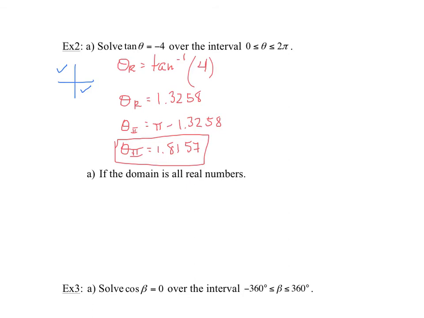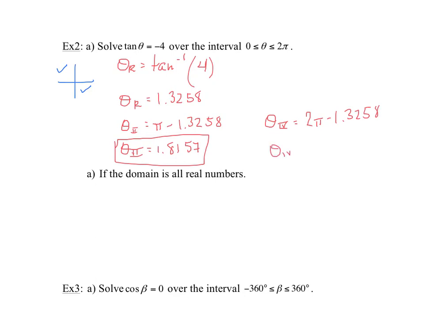Okay, we're going to do the same thing for the fourth quadrant. In the fourth quadrant, to find an angle, you take 360, or in our case 2 pi, and you subtract the angle of reference. So you have 2 pi minus our angle of reference, which is 1.3258. Again, use your calculator.